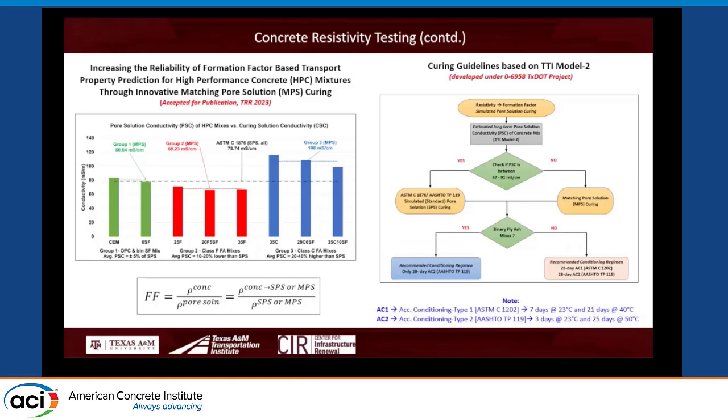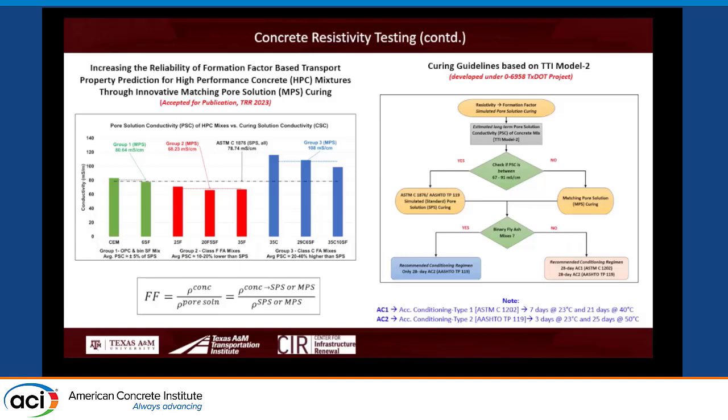So what we did is, based on our research, we just did 2. You see here, if the pore solution conductivity is 67 to 91, if yes, then the ASTM 1876 standard pore solution curing is okay.